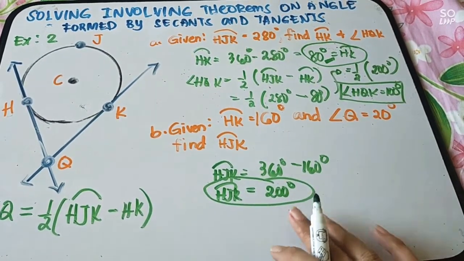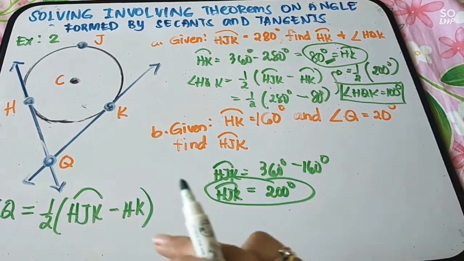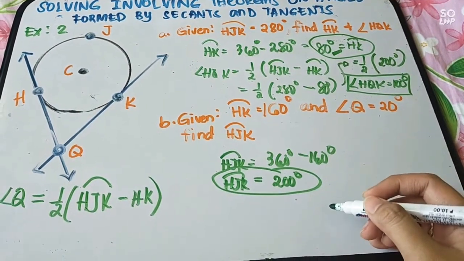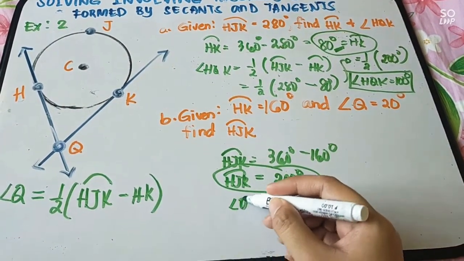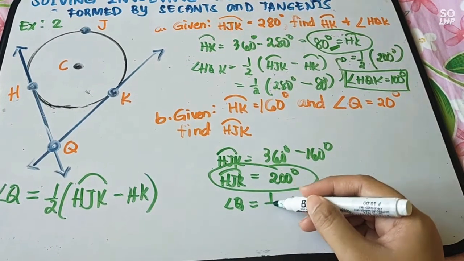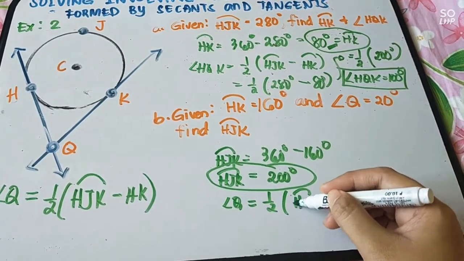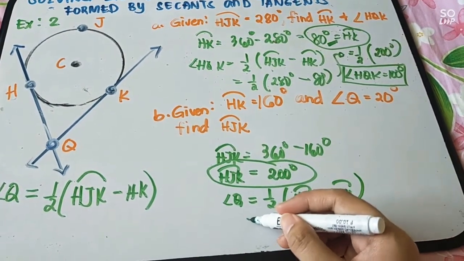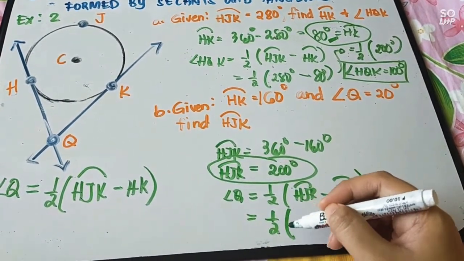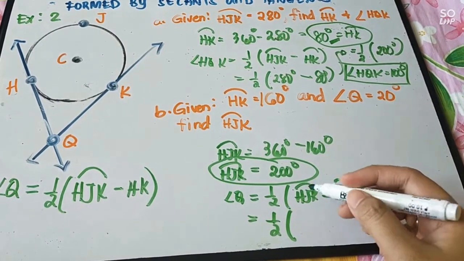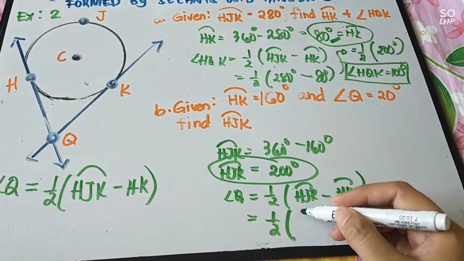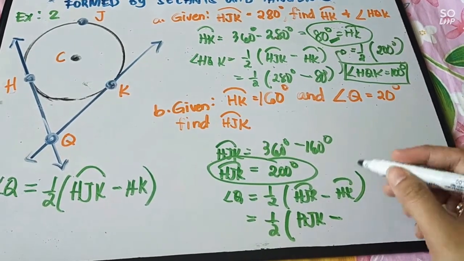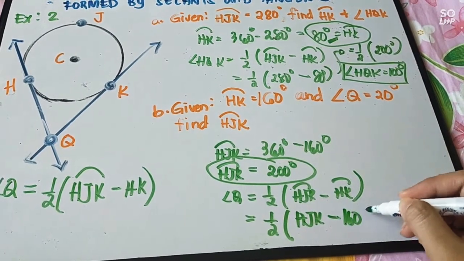Ito, na-apply lang to kapag dalawang tangent yung nag-intersect, ha. So, paano naman kapag yung formula yung gagamitin natin? So, we have here angle Q is equal to 1/2 of HJK minus arc HK. So, substitute lang ulit. We have 1/2. Kailangan 200 din yung magiging sagot natin. Si HJK mo ay nawawala. So, just copy HJK. Minus, ang HK mo is 160 degrees.